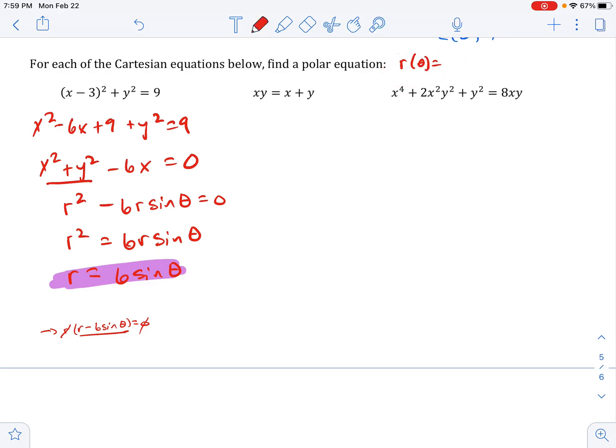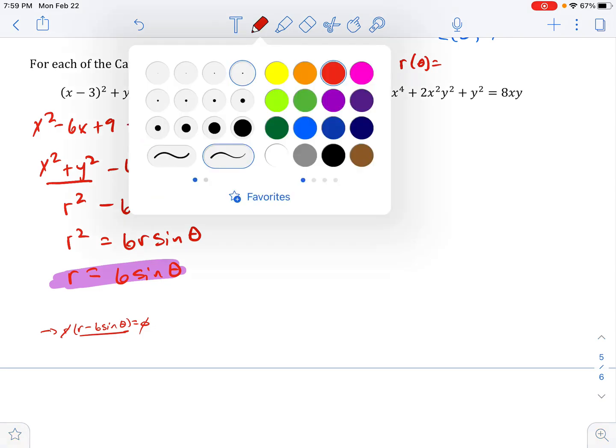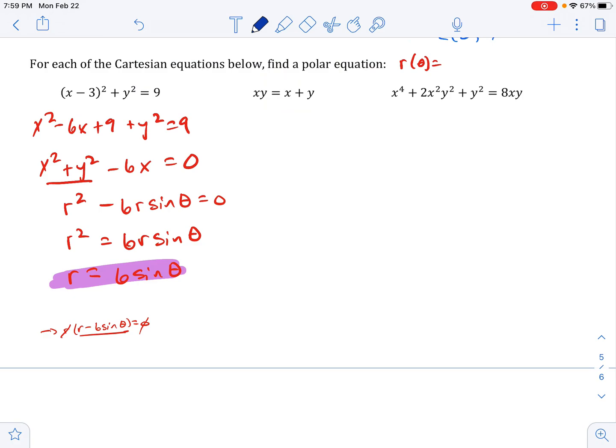And so here on this one, we have xy equals x plus y. And so what are we going to do to solve this one? Well, let's go ahead and do x is r cosine of theta, y is r sine of theta, equals r cosine of theta plus r sine of theta.